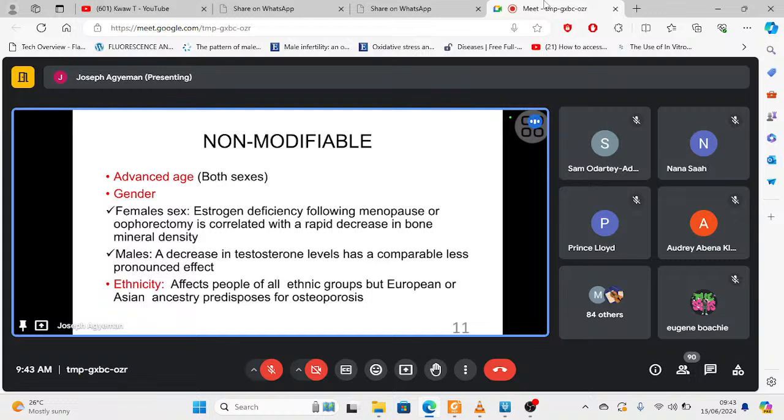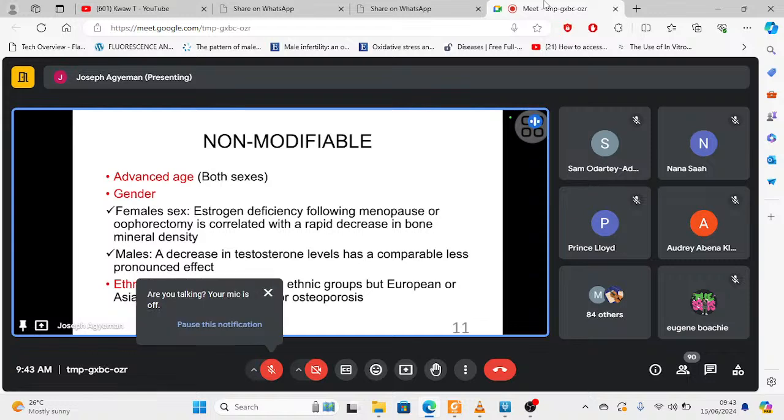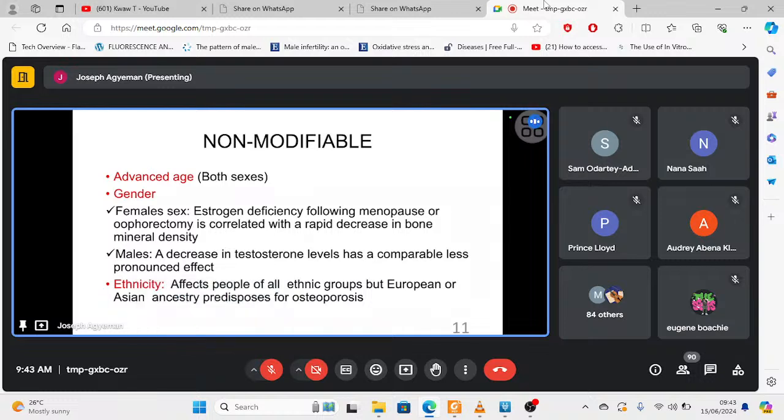So as I said, female sex, you have enough estrogen that is helping you. When you hit menopause, or maybe you have a problem with your female genital organs and your reproductive system in general, and they take out your ovaries, then you are in trouble because your estrogen production is going to be reduced, and that is going to affect your bone mineral density.